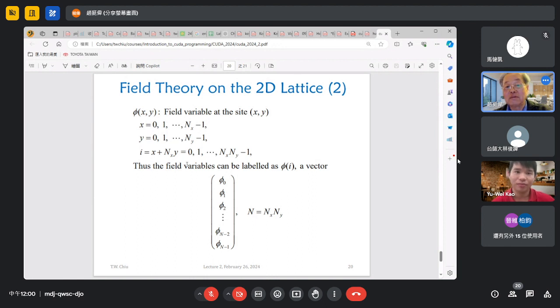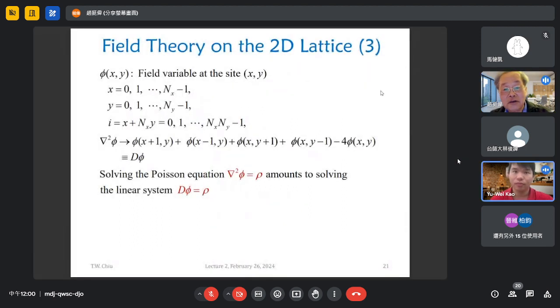So no problem in high dimension, except that now the operator may have more dependence. For example, the Laplacian: in 2 dimensions, you have these terms, X and Y, and then for 3 dimensions, you have Z plus 1, Z minus 1, and then minus the center term.